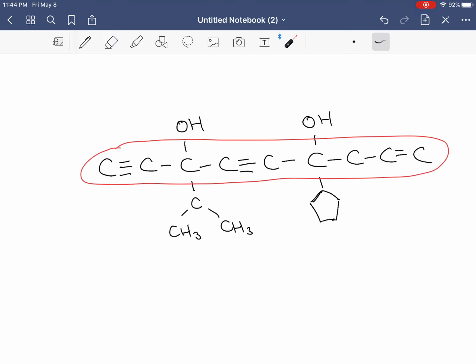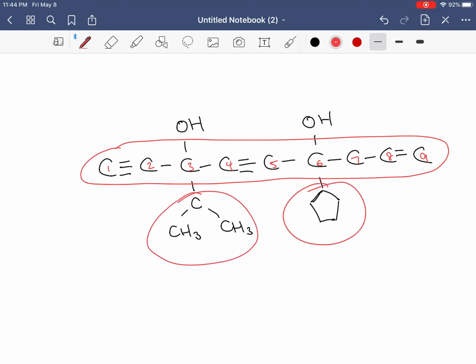So do you go left to right or right to left? Of course, left to right, because alcohol gets number 3. If you go the other way around, alcohol won't be seen until number 4. So left to right is your better bet.